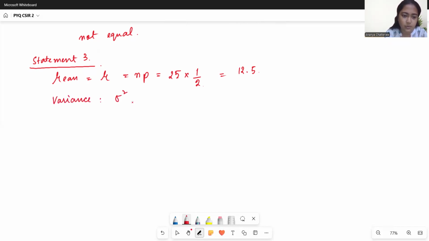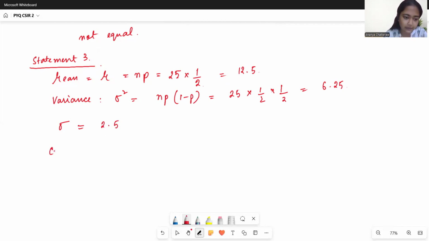Now the variance, sigma squared, is np into 1 minus p. This is 25 into half into half, that is 6.25. Now we get sigma as 2.5.